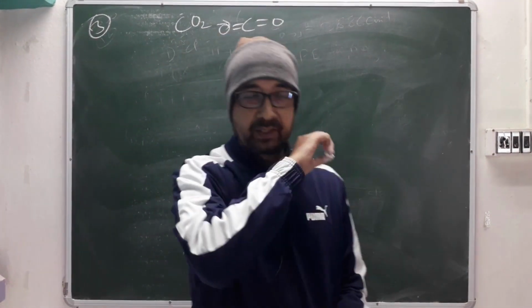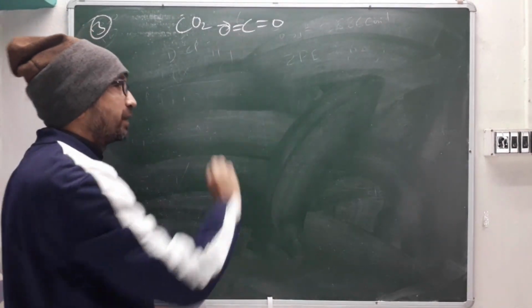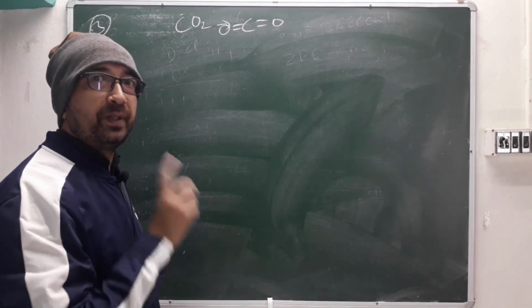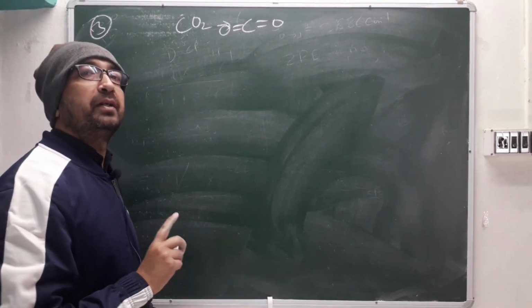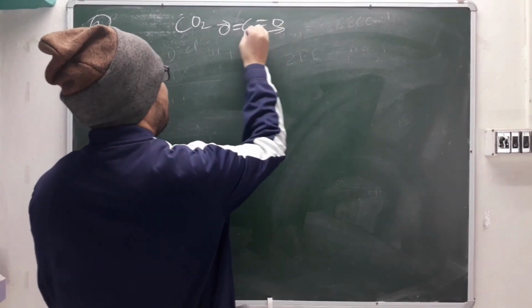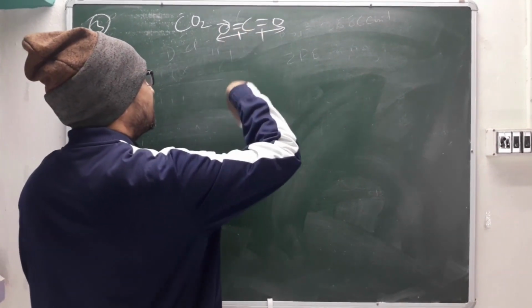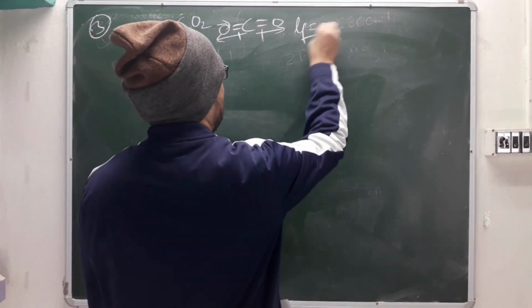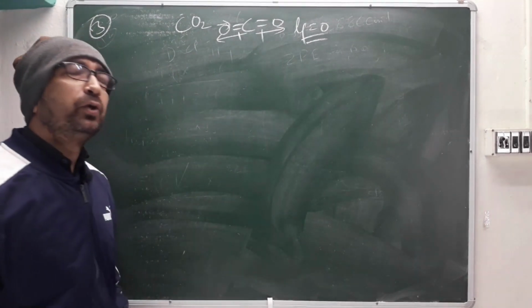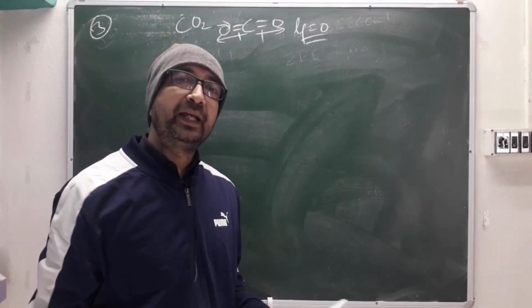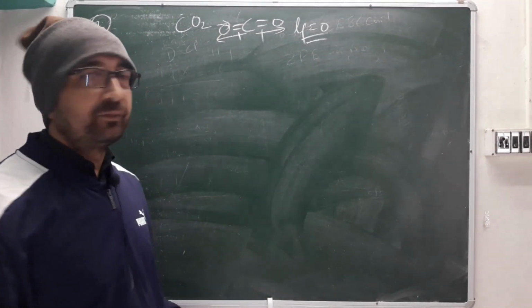If it is linear and has symmetric stretching, it won't have a permanent dipole moment, right? Whether it goes this side or this side, mu equals 0, and once mu equals 0, it won't be active in your infrared.